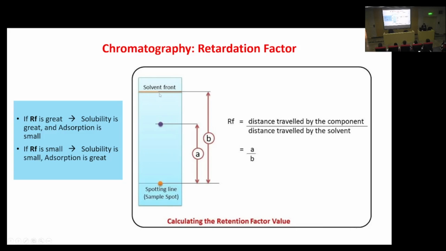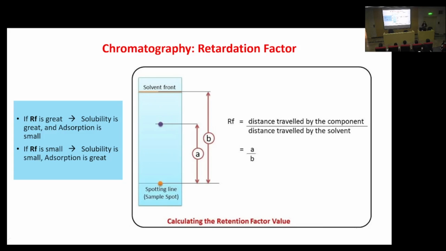So what you will do when you go downstairs, you will measure the total distance traveled by the solvent, and you will measure the total distance traveled by the component. And you will divide the distance traveled by component over the total distance traveled by the solvent. And that will give you the retardation factor for that component, all right?